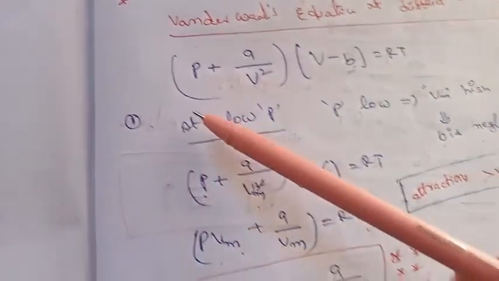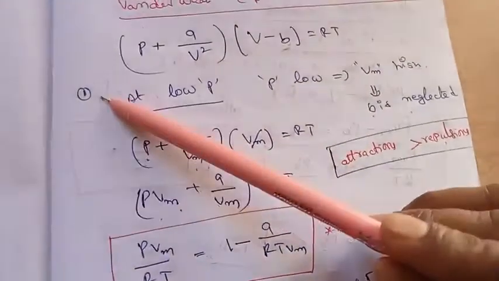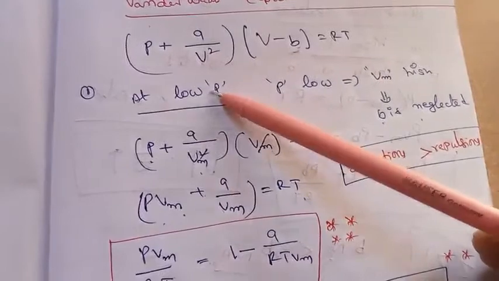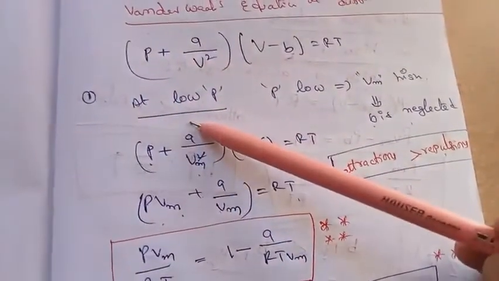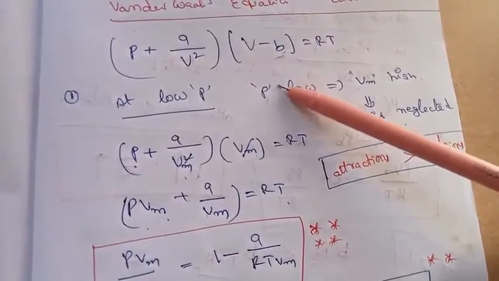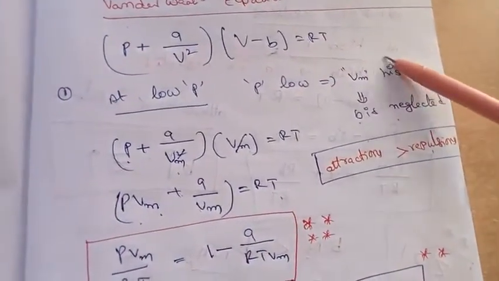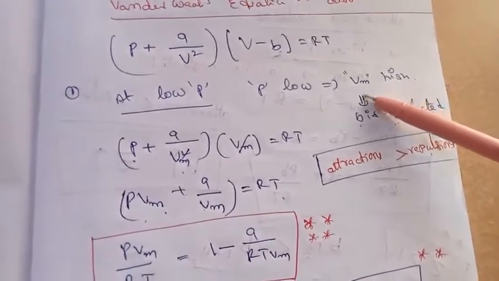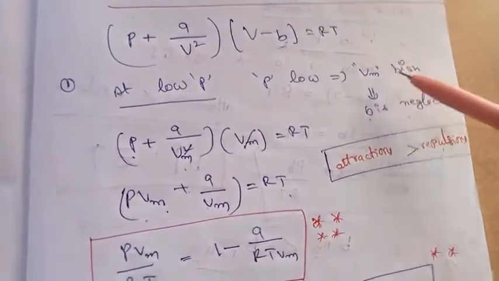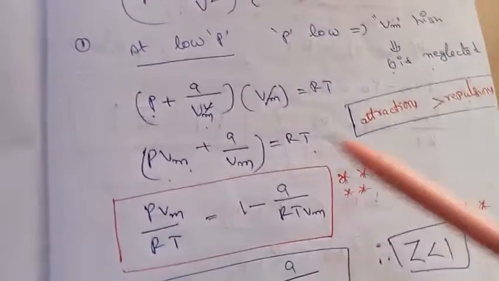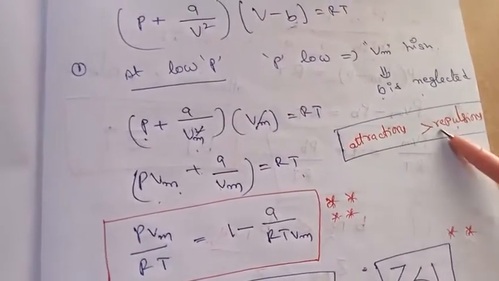Now there are two conditions. One is deviation from the ideal gas at low pressure. What happens at low pressure? The volume occupied by the gas is very low compared to the volume of the container. So b is neglected, which means the attractions are higher than the repulsions.